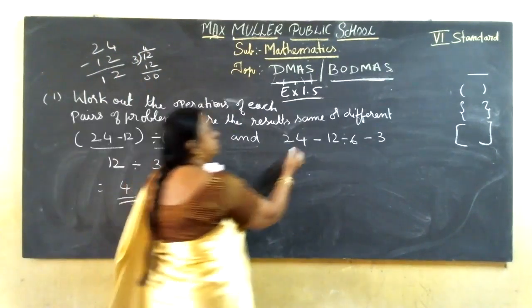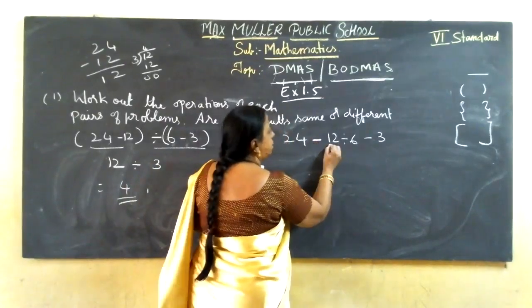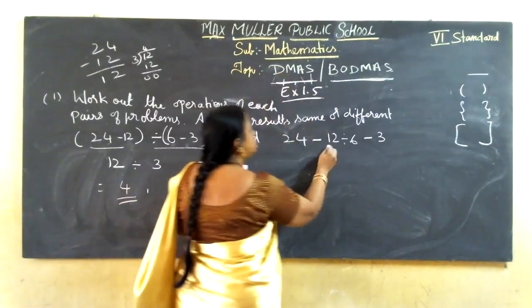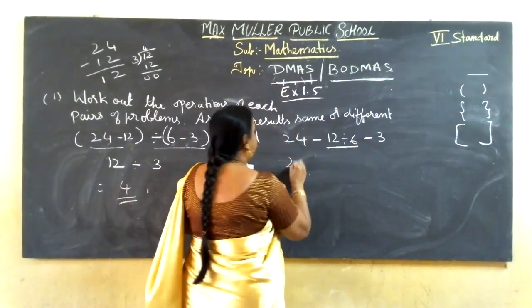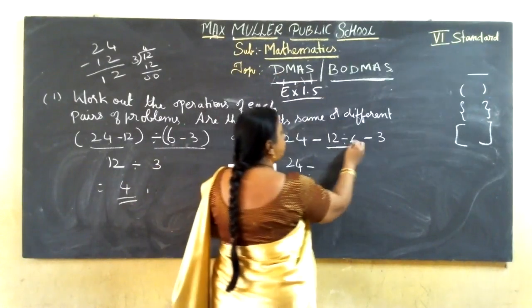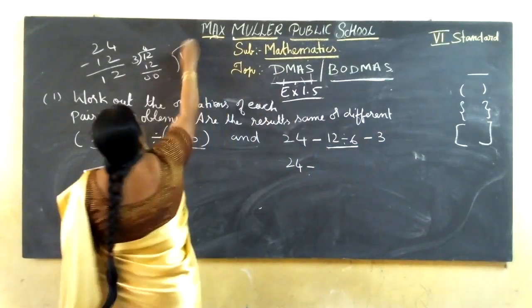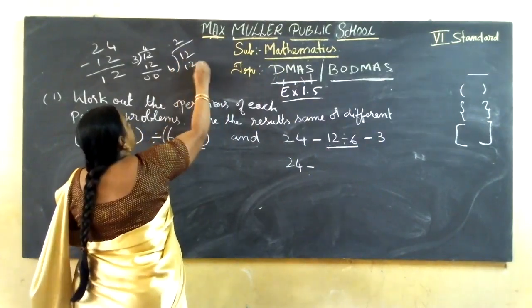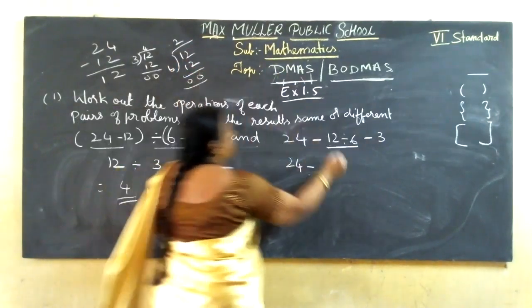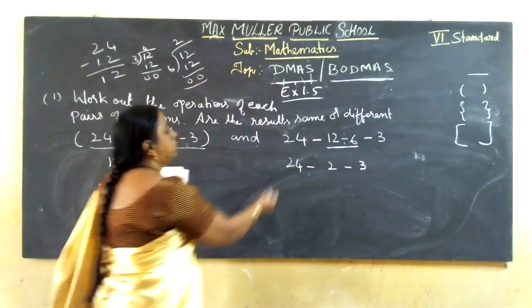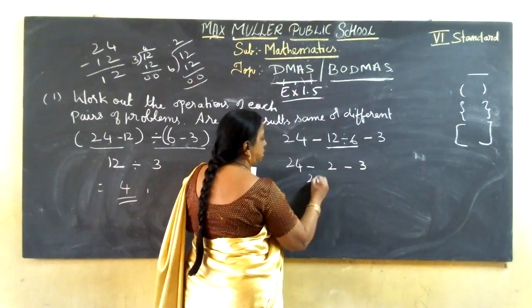Now the right side. Here subtraction is there, division is there, subtraction. So you should follow which rule? DMAS. First you should divide: 12 divided by 6, 2 6s are 12. So what is the answer? 2. 24 minus 2 minus 3. Now you should subtract. 24 minus 2 is what? 22.